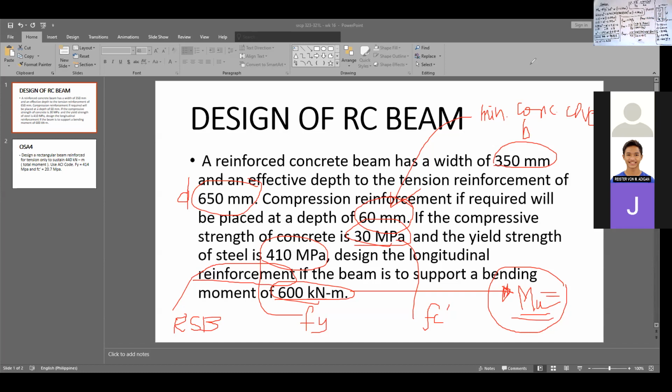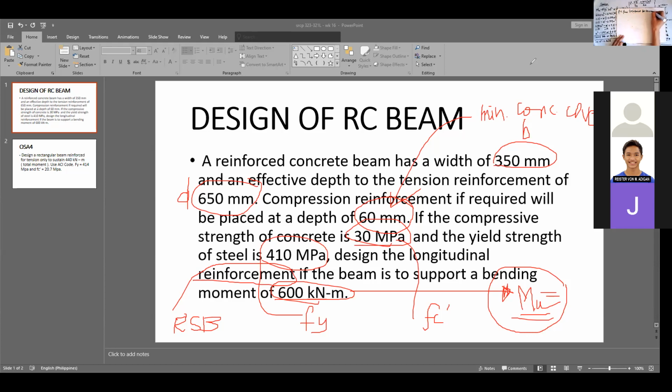That is the maximum steel concrete ratio. So you have 0.0236 for the maximum steel concrete ratio. Now after this, we are going to check within the minimum and the maximum. The actual should be less than the maximum in order for us to say that this is reinforced for tension only.